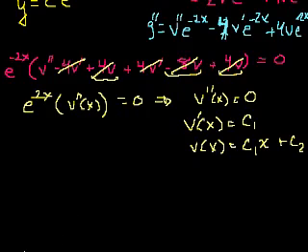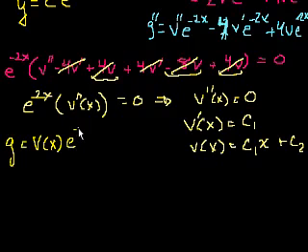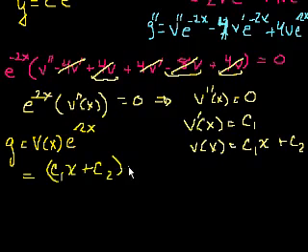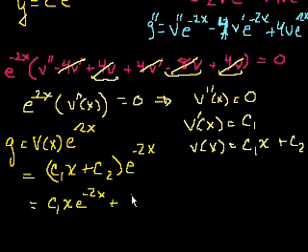We've established that it works. G, which we can call our solution, is equal to v of x times e to the minus 2x. Well, that equals c1x plus c2 times e to the minus 2x. That equals c1x e to the minus 2x plus c2 e to the minus 2x.